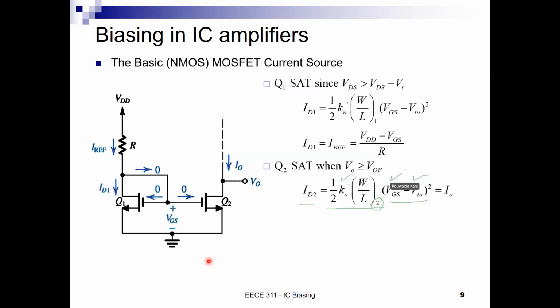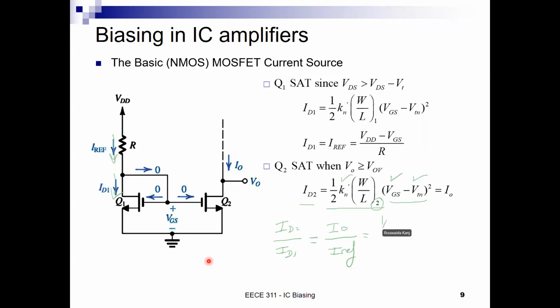If the two transistors have the same K prime and the same VT, they share the same VGS, I can write now that ID2 over ID1 is really equal to, ID2 is IO, right? It's the same current that is flowing, over this, which is really IREF. ID1 is equal to IREF by virtue of this current flowing here.